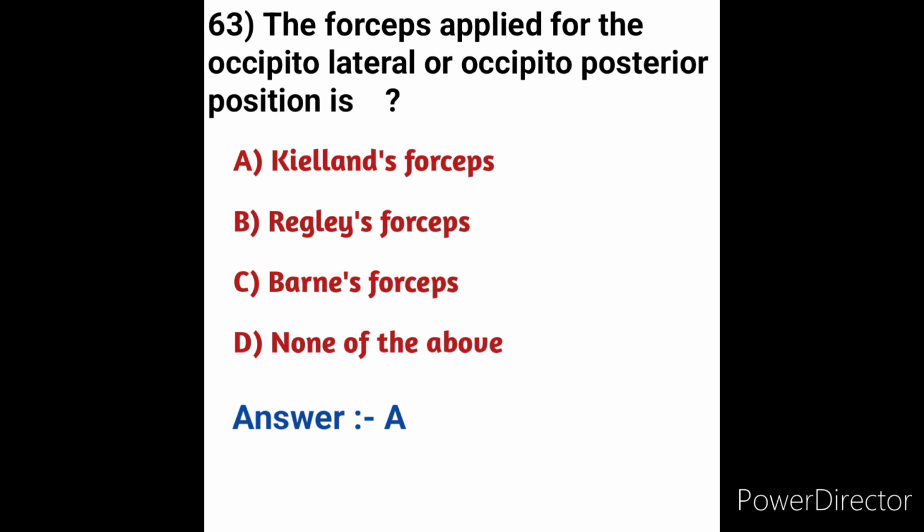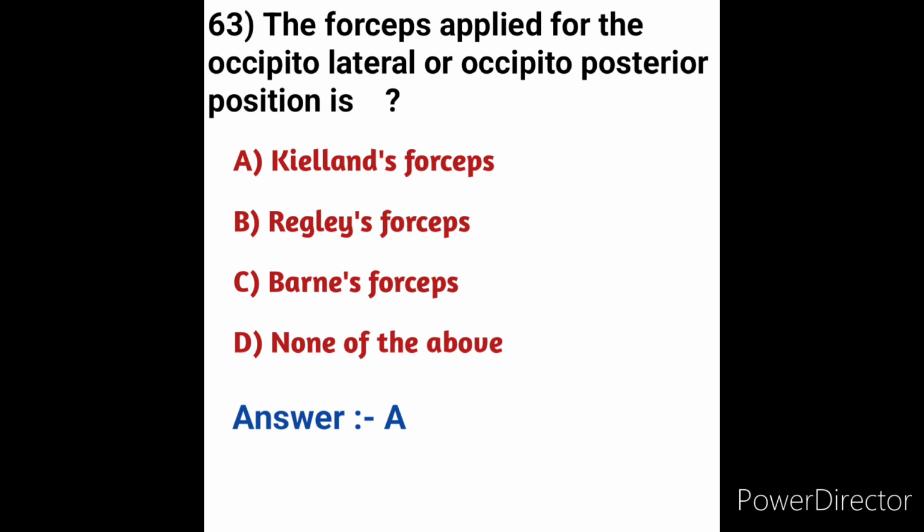Here, during the period of labor, Kielland forceps, option A, is the correct answer. Kielland forceps is used for rotational assisted vaginal delivery, though it remains controversial. The overall length of this product is 350 mm.